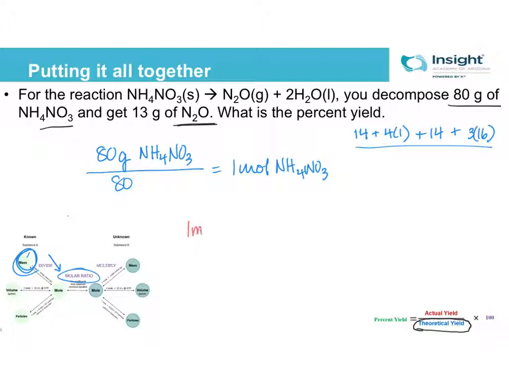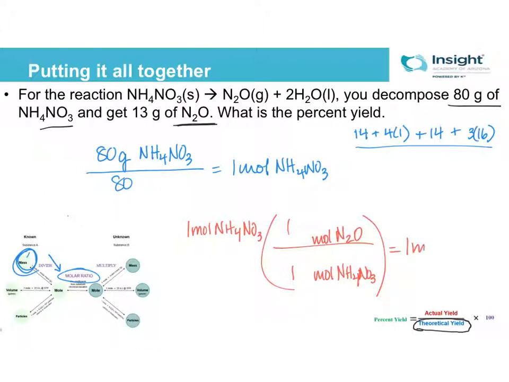So now I'm at our molar ratio stage. So we've got 1 mole NH4NO3. Open up my parentheses. I know I want to put moles of NH4NO3 on the bottom. And I need to go to moles of N2O. Now looking at my balanced reaction, another easy one here. Those are both 1s, so that means I'm going to make 1 mole of N2O.